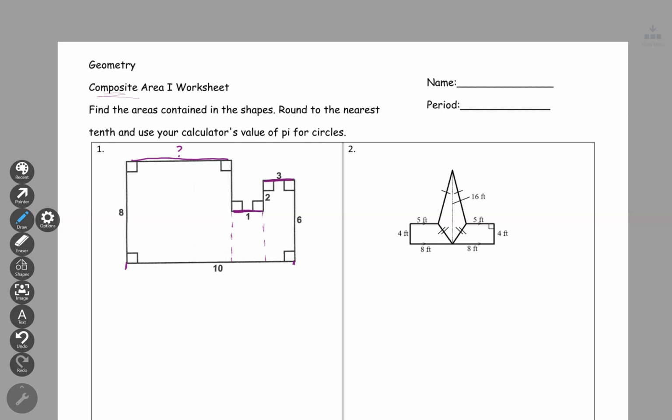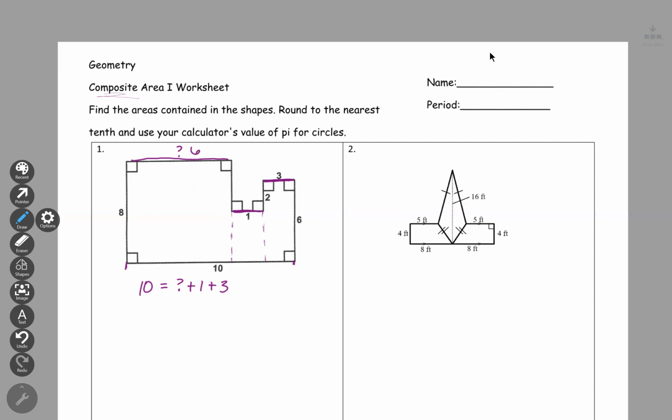And I have the 3 at the top of this rectangle. So I say 10 is equal to what plus 1 plus 3. So basically I'm going to take the 10, the whole thing, and take away the 2 parts that I know, and that'll give me the part that I don't know. So if you do 10 minus 1, you get 9, and then 9 minus 3, you get 6. So this little section here is 6.